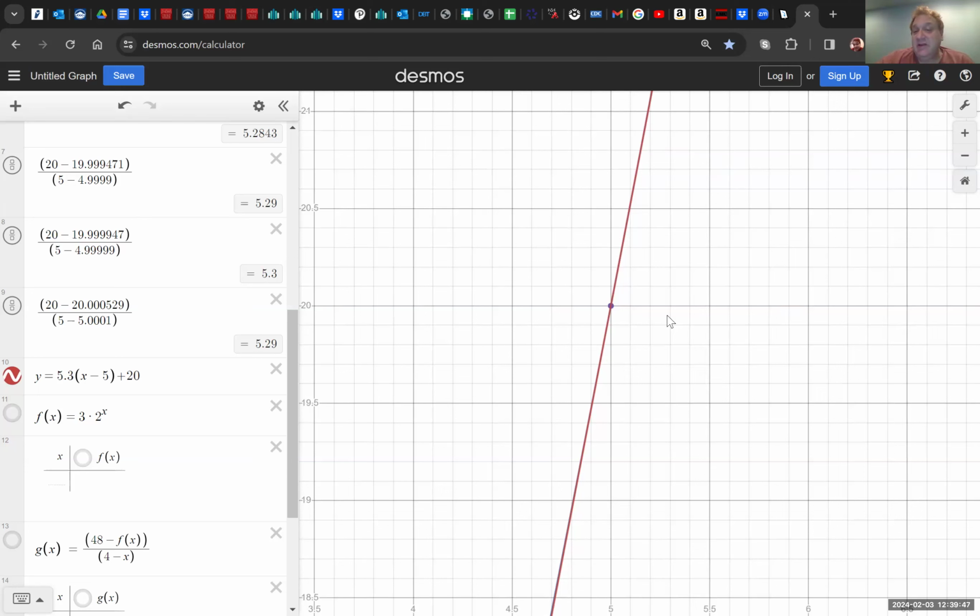So this is the tangent line. It's the line that goes in the exact same direction as the curve, as the parabola in this case. The difference between the two is marginal, if not insignificant. And so we're going to be using this tangent line to help us understand the function. And this is the big idea behind calculus.